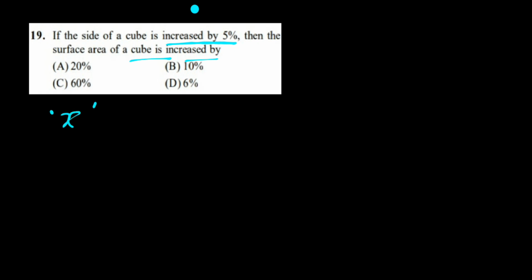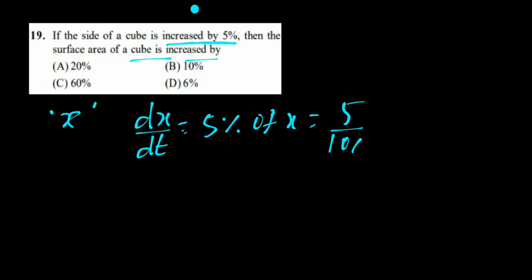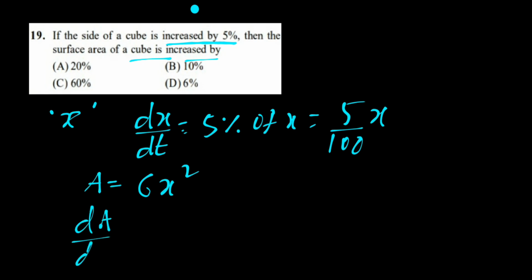So dx by dt, the rate of change of side is 5% of x, that is nothing but 5 by 100 into x. So now area, how much is it changing? Surface area formula, area of the cube is A is equal to 6x square. So now dA by dt, the rate of change of area is 12x dx by dt. Derivative with respect to time is there, so dt.